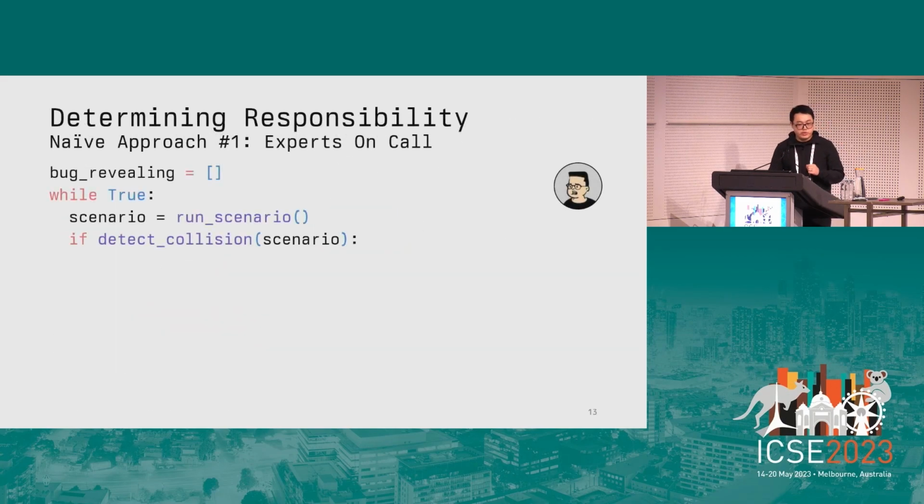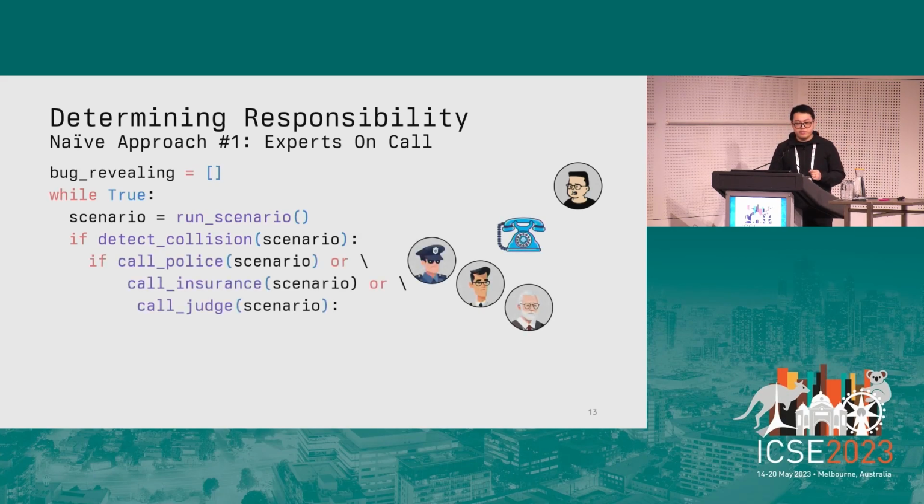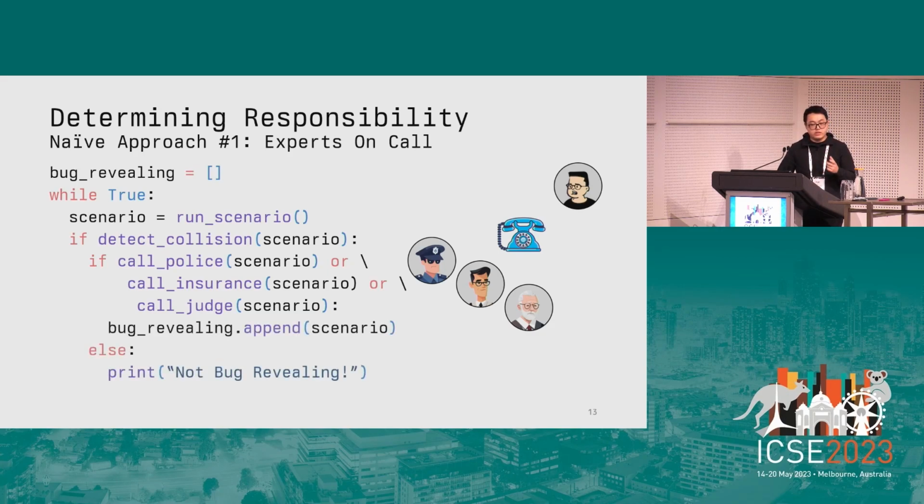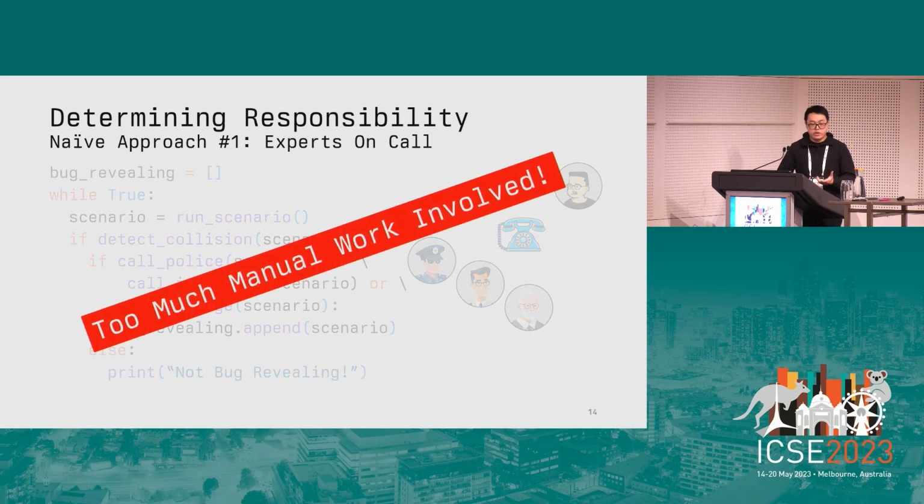I'm going to keep generating scenarios until I find collisions, and once I do, I'm going to call experts and ask for their opinions. If they say the AV is responsible, then yes, it's a bug revealing violation. Otherwise, it's not. This approach will guarantee bug revealing, but there's too much manual work. It's probably also expensive and time-consuming.